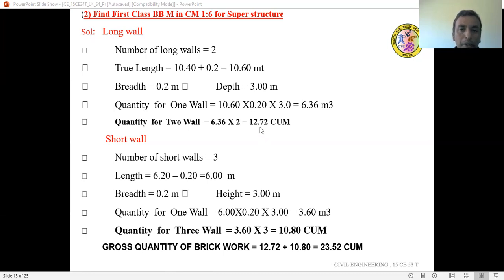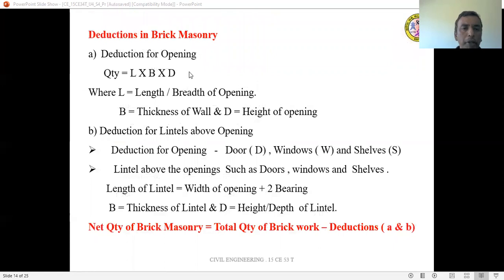After getting the long wall quantity as well as the short wall quantity, the total gross quantity of brickwork is equal to 12.72 plus 10.8, which is 23.52, the total quantity of brickwork. In the case of brickwork, you have to deduct some portions.